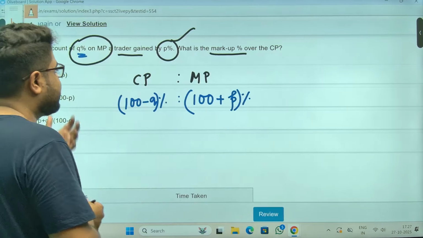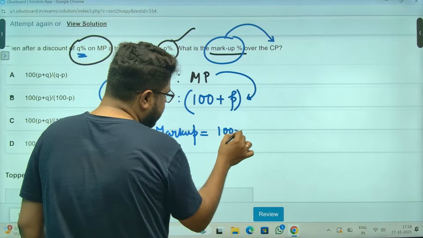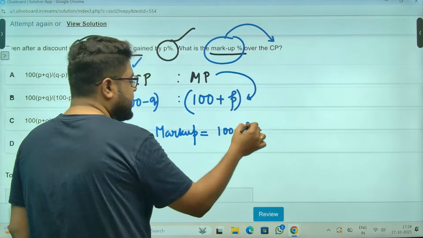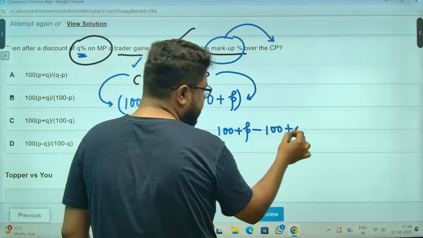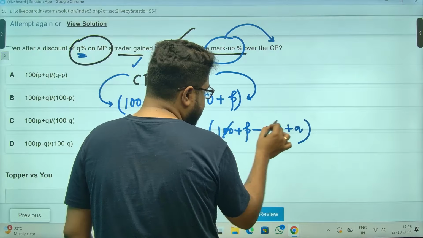Now they are asking what the markup is over the CP. If I take this as the exact CP and this as the exact MP, markup is 100 plus P minus 100 minus Q. So 100 cancels.